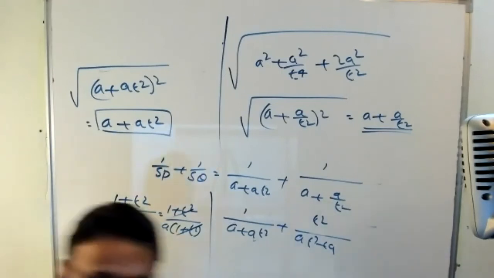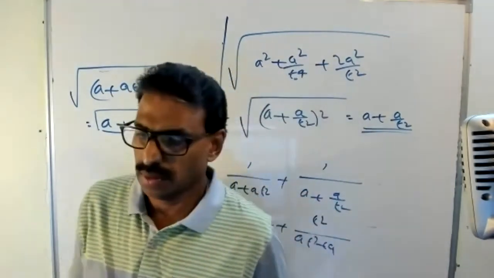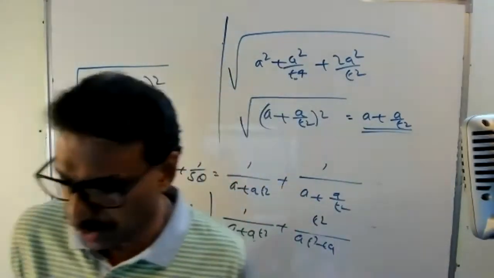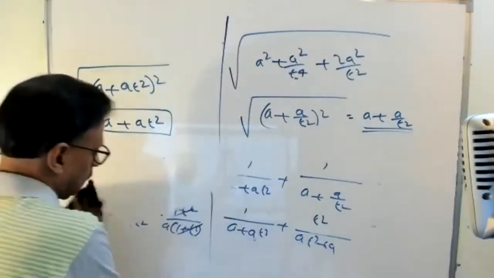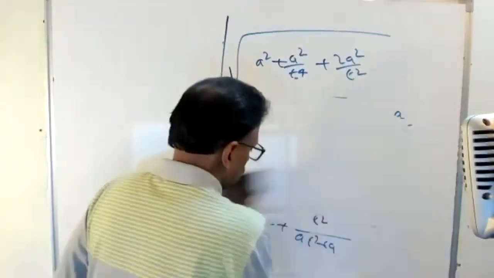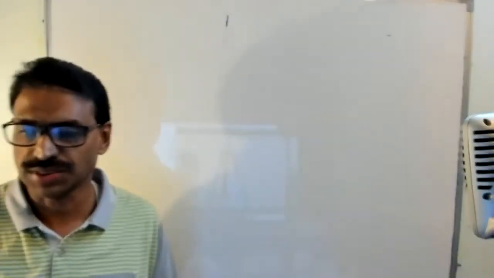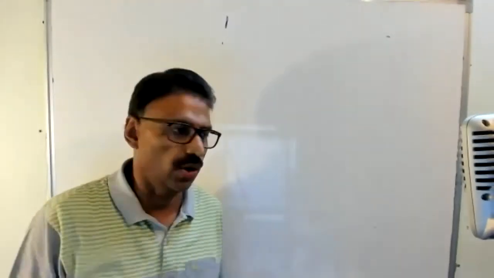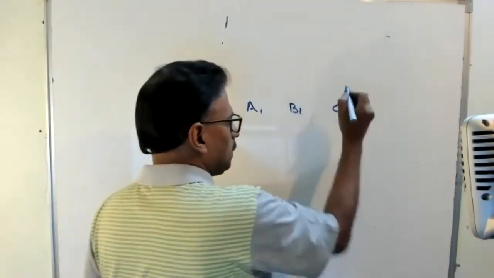How to show collinear? Three points are collinear. What do you mean by collinear? Straight line, right? How to check it? Three points A, B, C are collinear.